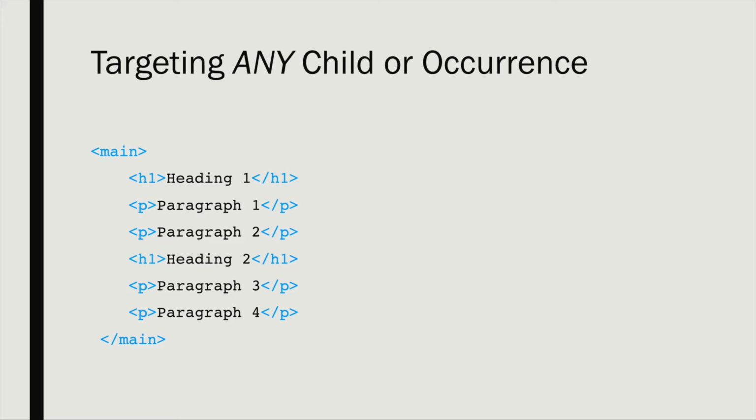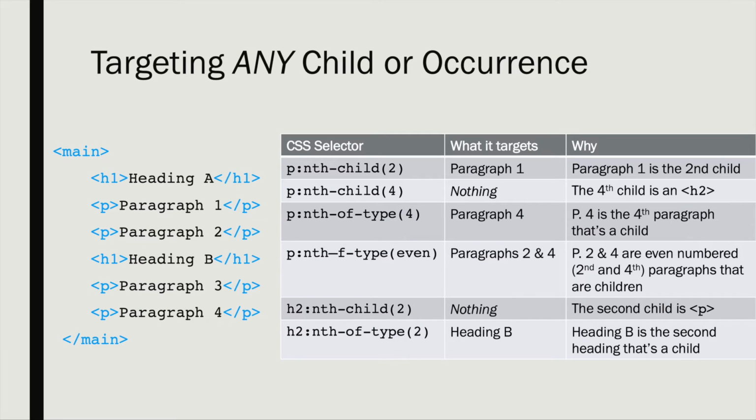Now if you want to target any child or occurrence, you can use what's called the nth type or the nth child. So for example, if you say P nth child, that's 2 words, and then in parentheses the number 2, that means that it's going to target the first paragraph because it is the second child of the element.